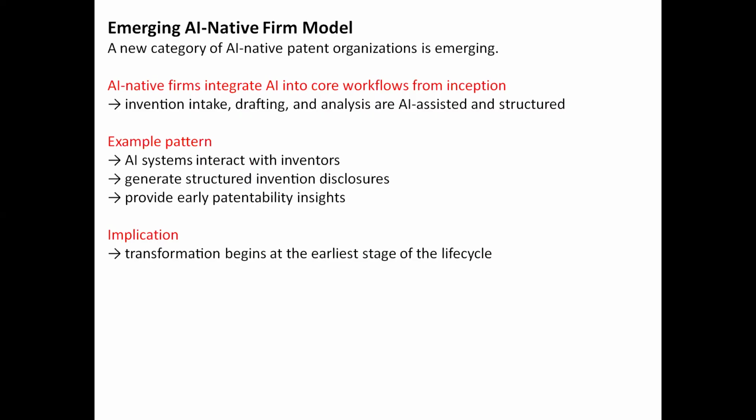AI-native firms integrate AI into core workflows from inception, so invention intake, drafting, and analysis are structured as AI systems. An example currently being adopted in practice is an AI system that interacts with inventors directly, generates a structured invention disclosure, and provides early patentability insight. So transformation begins at the early stage of the lifecycle now.